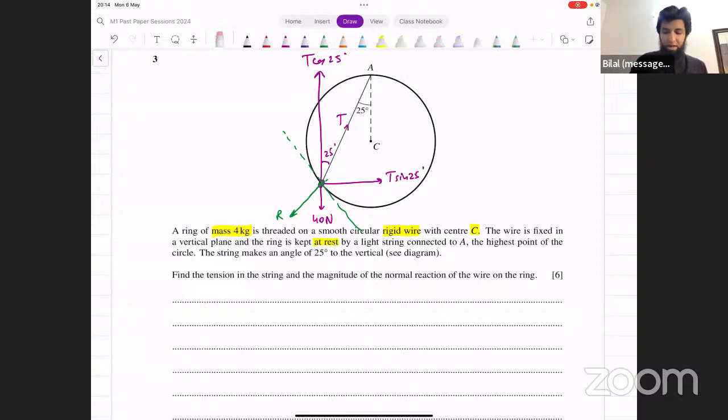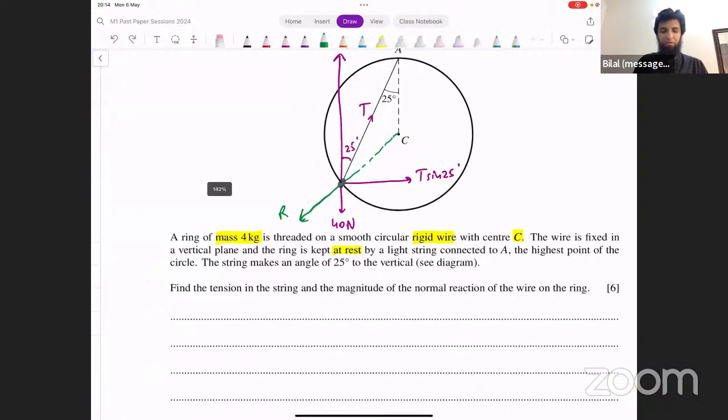So if this is the radius, the tangent is perpendicular to both the radius and the normal. What that means is, this is going to be a straight line. So if you join the direction of the reaction with the center of the circle, it's a straight line. The direction of the normal reaction is actually the same as the direction of this radius.